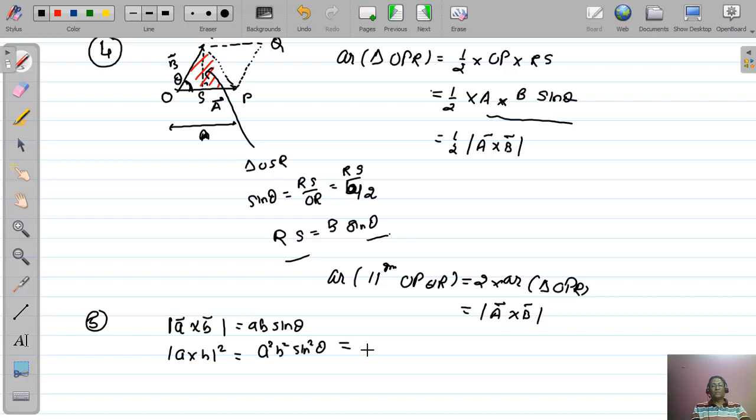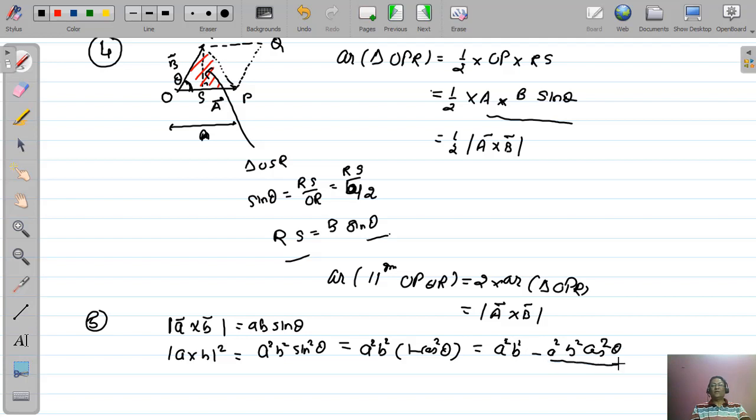Or we can write it as A square B square (1 minus cos square theta) using the trigonometrical identity. Opening this bracket, we will get A square B square minus A square B square cos square theta.